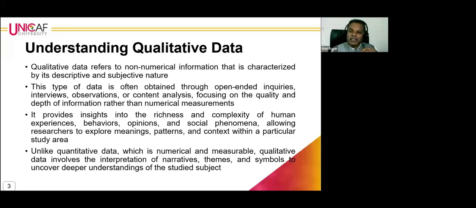You make case studies, or themes, or draw thematic maps using symbols. Through this process you uncover a deeper understanding of the study subjects. So the researcher plays a key role in converting the qualitative data into a meaningful research output.